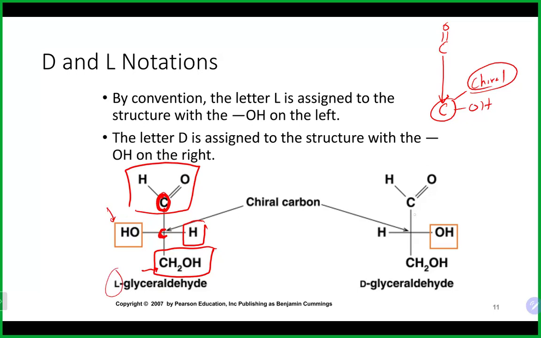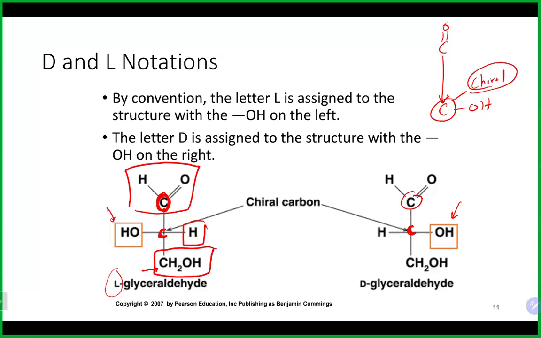Opposites over here. Once again, the furthest carbon from that carbon-oxygen double bond is still this carbon, and in this case our OH group is on the right-hand side, which would give us our D-glyceraldehyde. So when you're assigning L or D, or asked is it L or D, or asked to draw something in the L or D conformation, that is what it means.